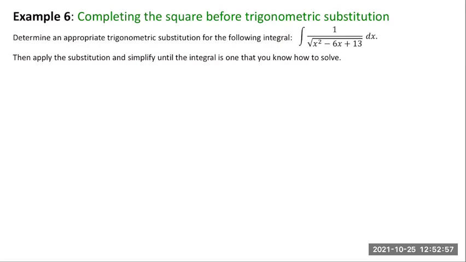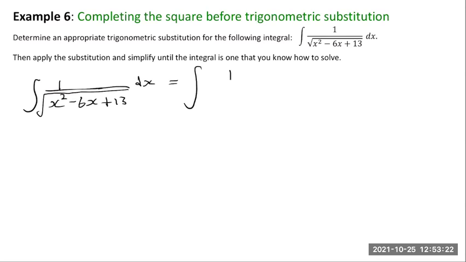So here, what I'm going to do is use the completing square technique and then use a substitution. Okay, so here is my integral, first of all, by the way: the integral of 1 over the square root of x squared minus 6x plus 13 dx. I'm going to write my quadratic expression inside the square root sign as a complete square.